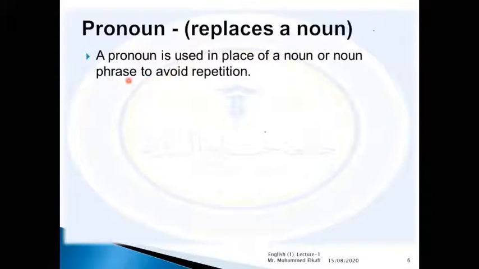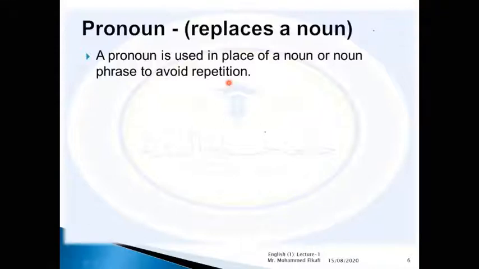So why do we use a pronoun in the place of a noun or noun phrase? Here we can say to avoid repetition. That means to avoid making repeated words.